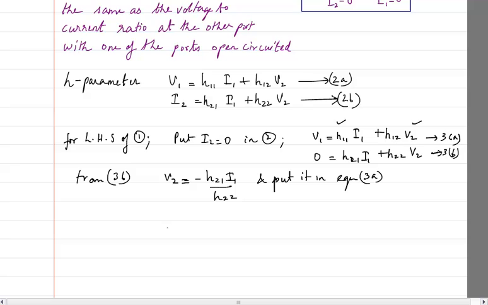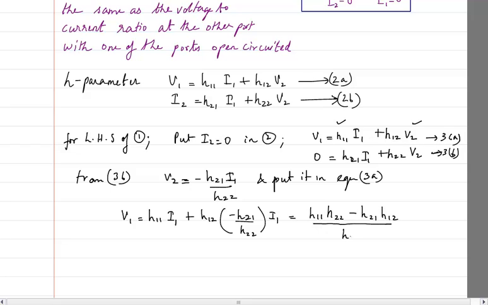I will get V1 is equal to H11 I1, and the second part will be H12 multiplied with V2. Now instead of V2, I will substitute this value, which is minus H21 divided by H22 into I1, or if I take I1 common, I will get H11 H22 minus of H21 into H12 divided by H22 into I1.